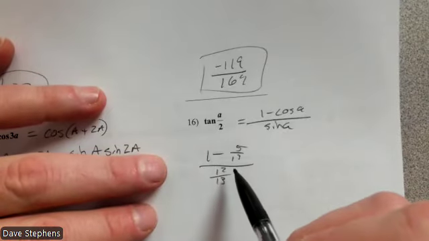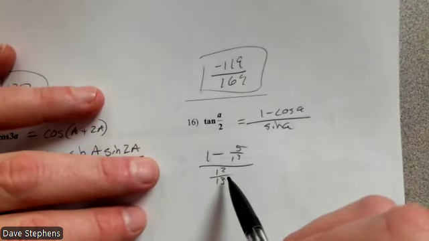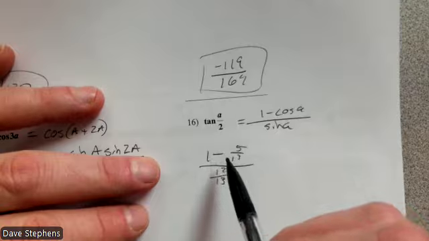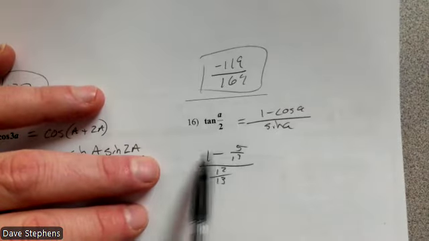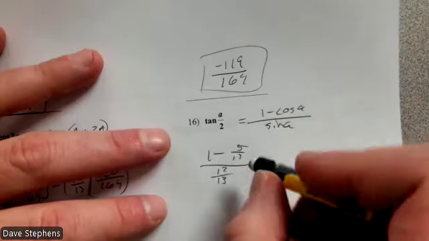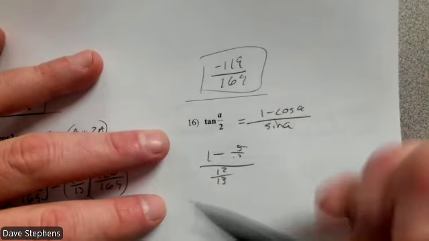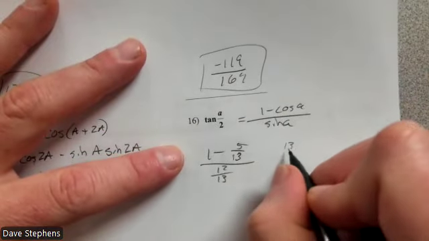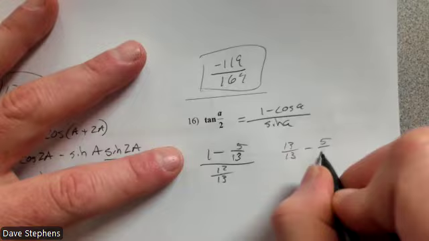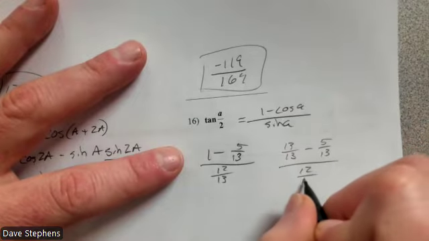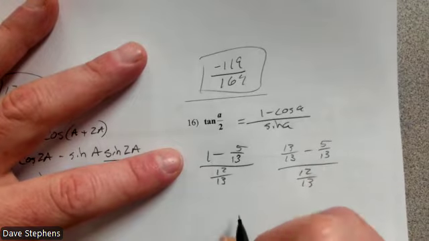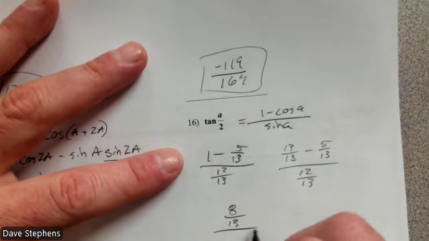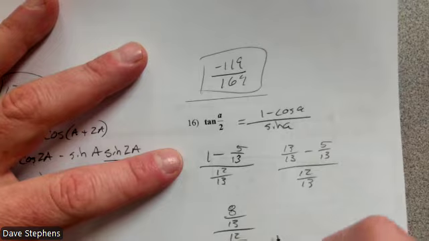I'm going to get common denominators, not like terms, sorry, so I can get myself to a keep change flip. So we get 13 over 13 minus 5 over 13, all over 12 over 13. 13 minus 5 gives 8 over 13 divided by 12 over 13.